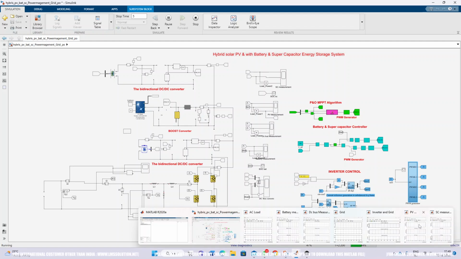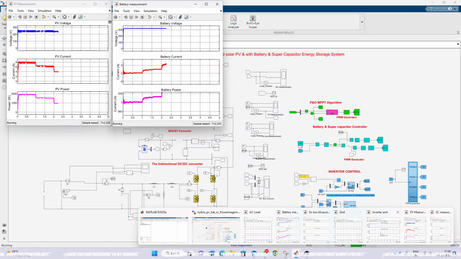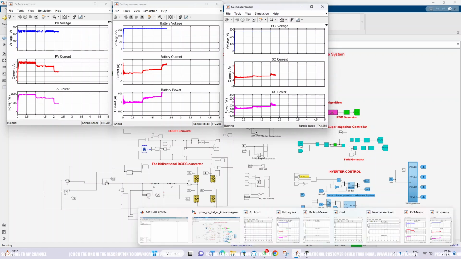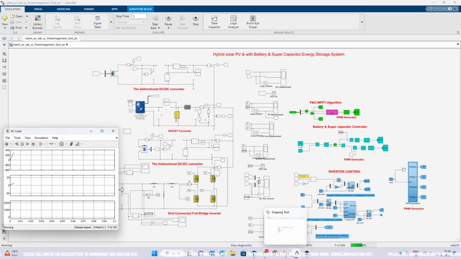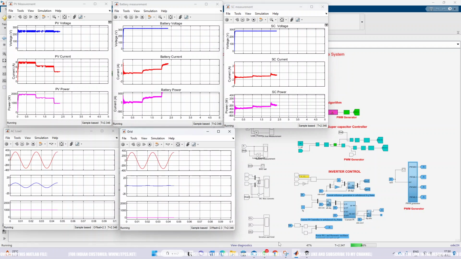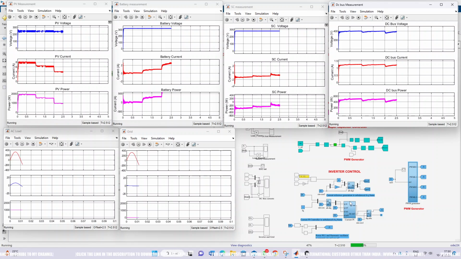Here you can see this is the PV measurement, and then this is the battery measurement, and then this is the supercapacitor measurement, and then this is the AC load, and then this is the grid power, grid voltage, current and power, and then this is the DC bus voltage, current and power.